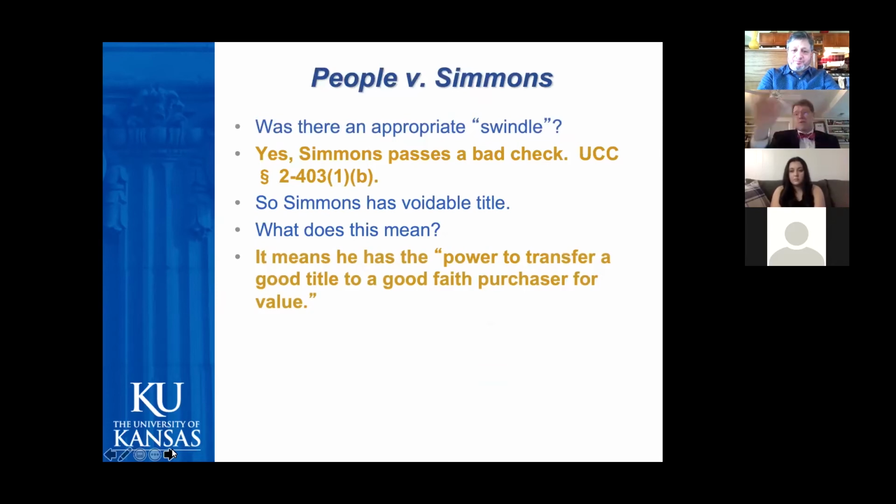So only because we've moved that diamond through this guy Simmons, and when he transfers it to this other person, that person who is a good faith purchaser for value becomes the actual owner of the good. So looking back to the facts of our case, we want to figure out: is Verdult this person who's a good faith purchaser for value? Because if he is, he's the actual owner of the diamond and not the original owner.